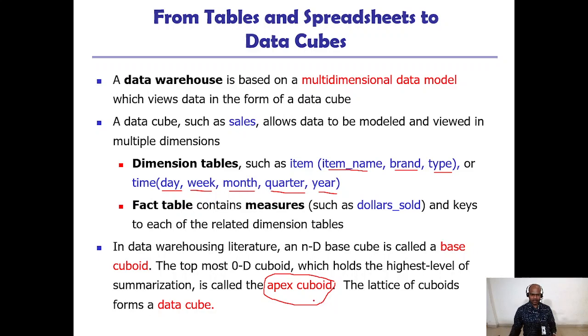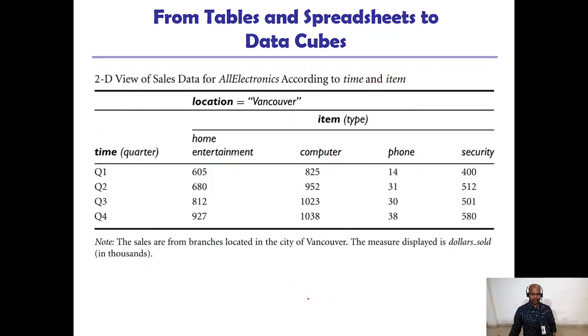The lattice of cuboids forms a data cube. Before going to multidimensional data, we will see how 2D data is viewed. For example, this is the sales data for all electronics, maybe an online electronics mart, according to two dimensions, time and item, and the data belongs to the location Vancouver.